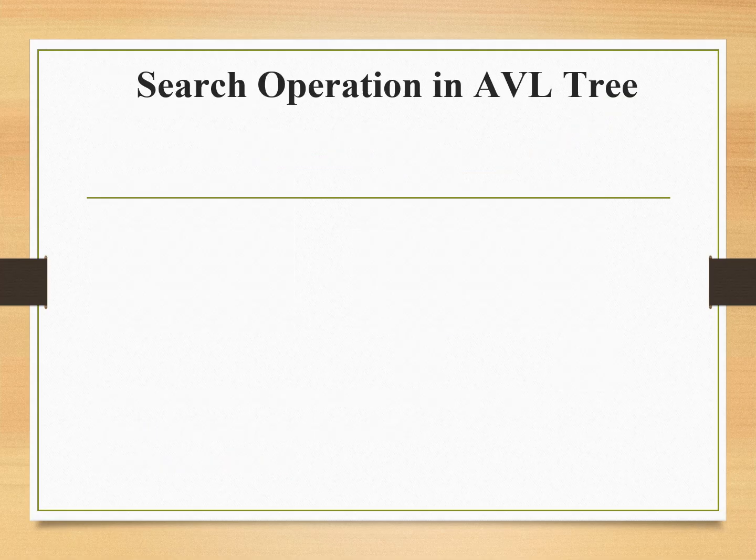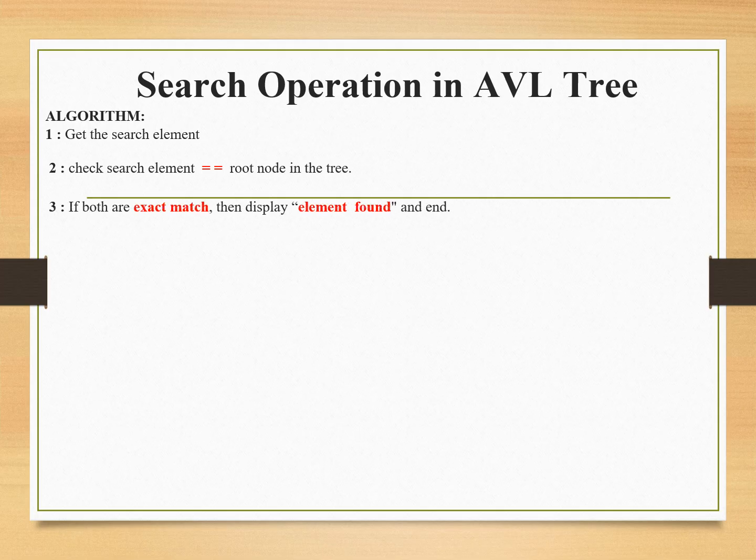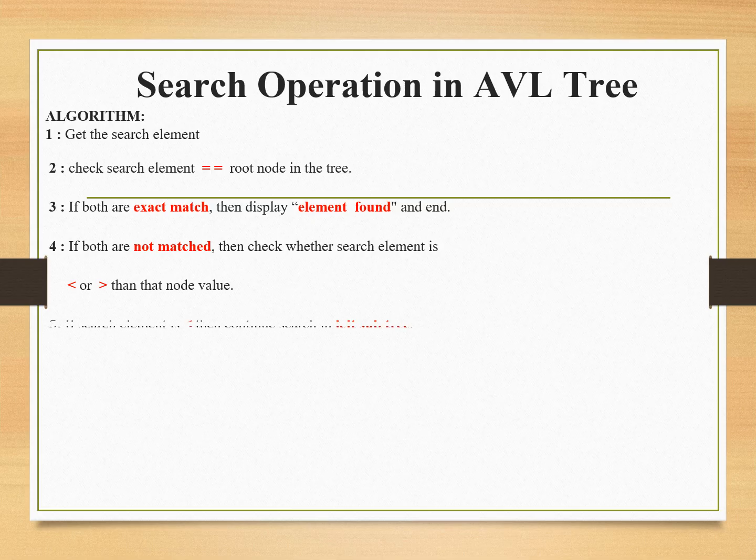Okay, let us move on to the search operation in an AVL tree. The algorithm is, you have to get the search element, and check whether the search element is there in the root node. If both match, then you have found the element to be searched. If it is not matched, then we need to check whether the element to be searched is lesser or greater than the root node.